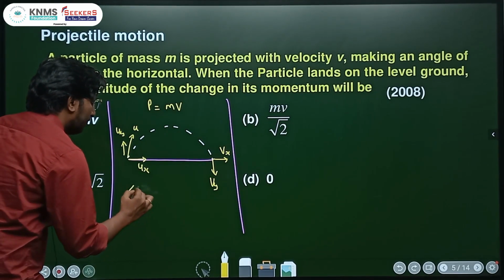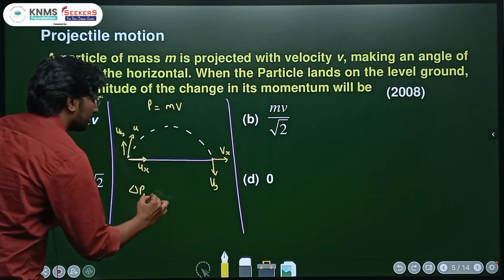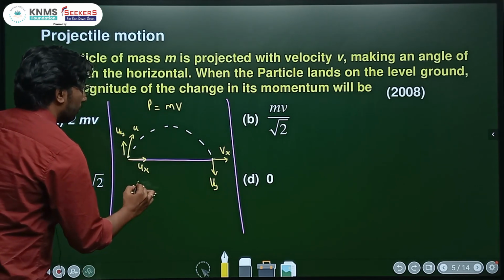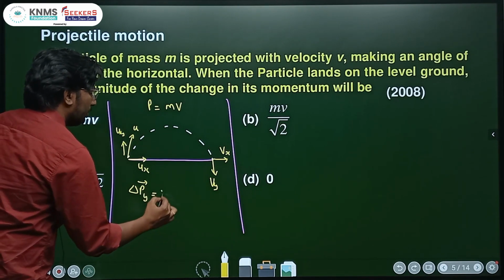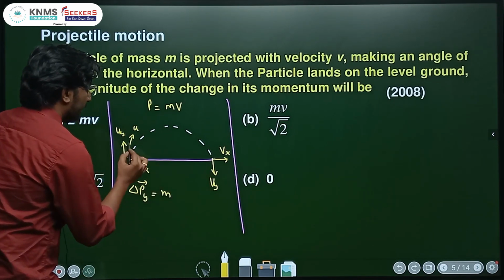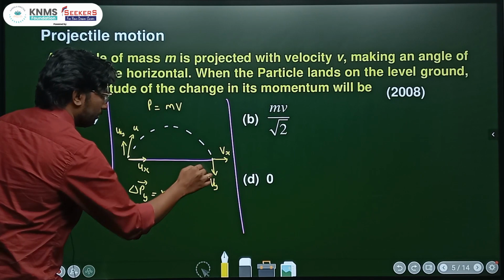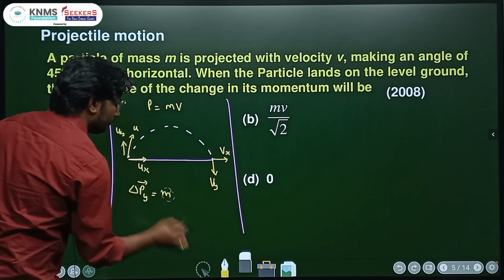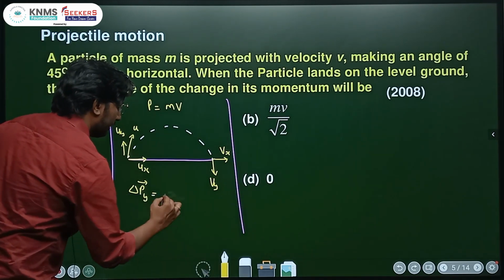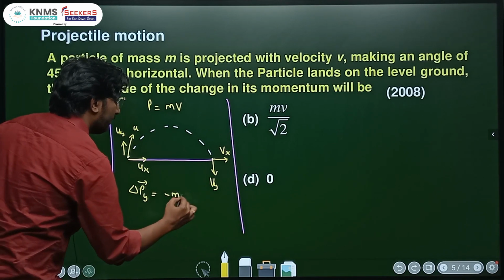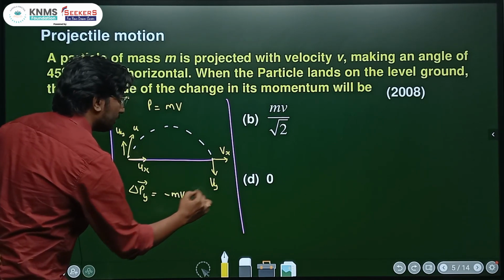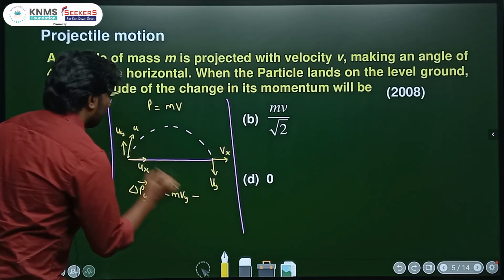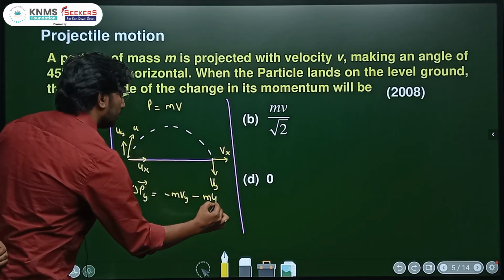So delta p, the momentum change along the y direction: momentum is m into final velocity minus initial velocity, so I can write minus m vy minus m uy.